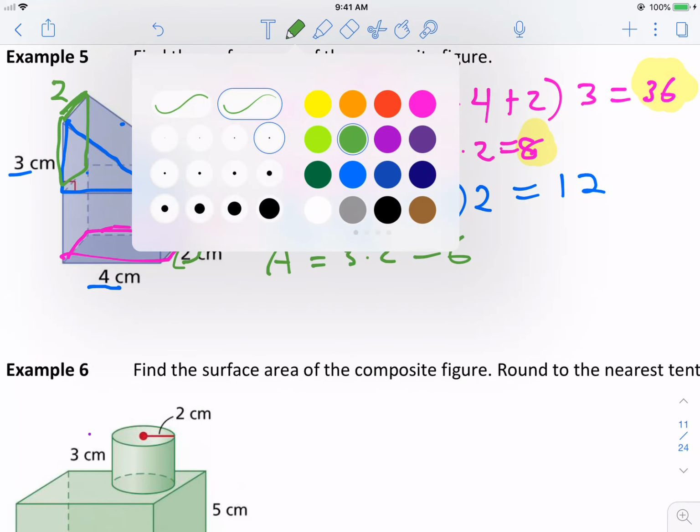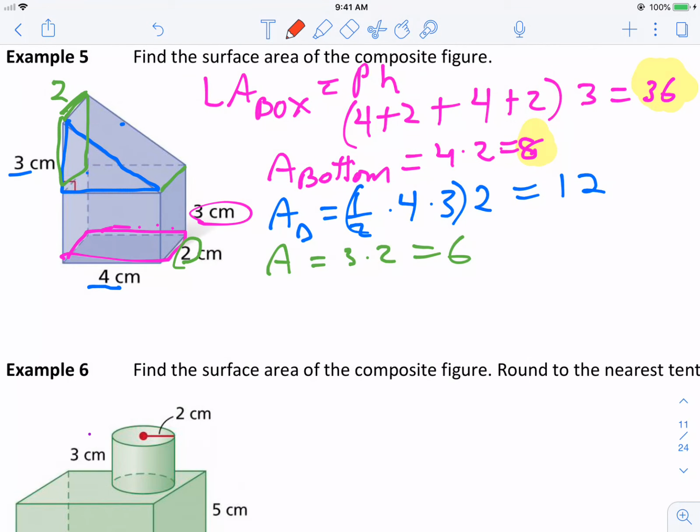And our last remaining surface is the surface that's made from the hypotenuse of these triangular bases of this triangular prism. So you see that's a rectangle. We know that we just found that this height of the rectangle is 2.